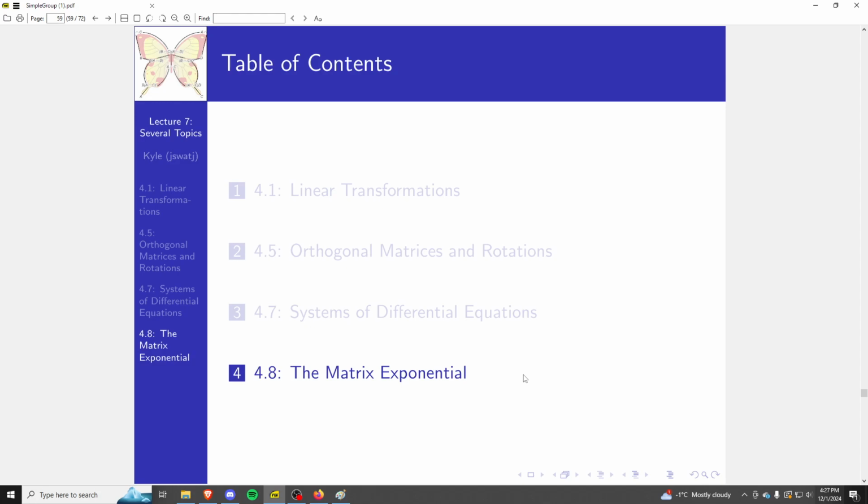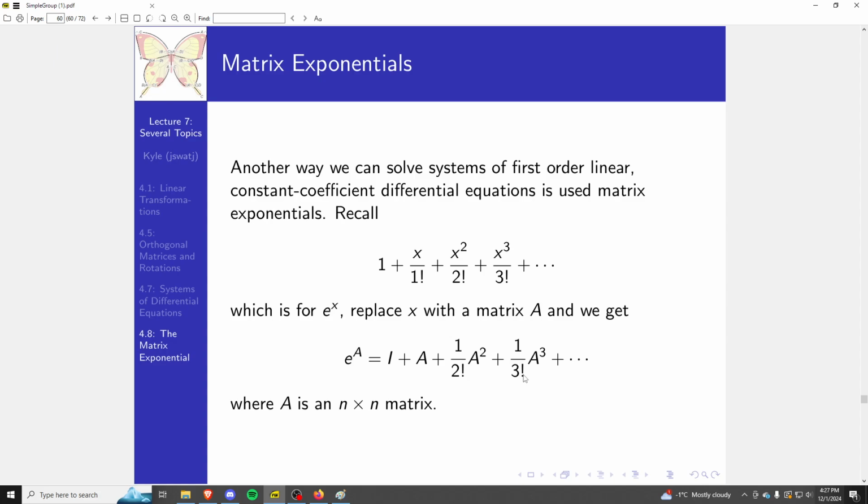And that's all for systems of differential equations. The last is the matrix exponential. And so another way we can solve systems of first order linear constant coefficient differential equations is using matrix exponentials, which has to do with Taylor series. And so this is the Taylor series for e to the x, and we can replace this with a matrix in the power component here, where A is an n by n matrix.